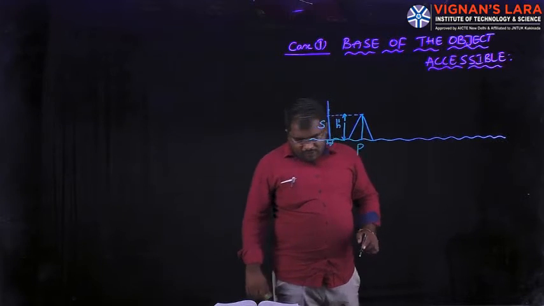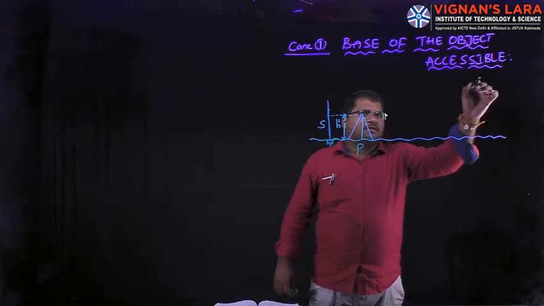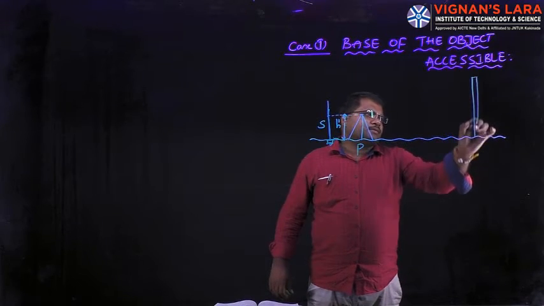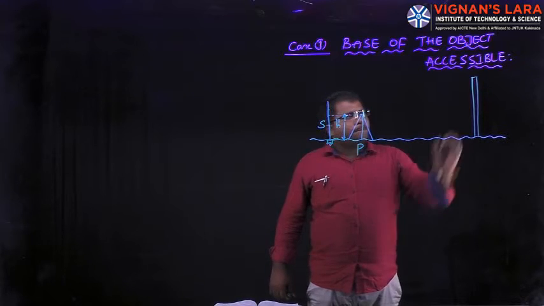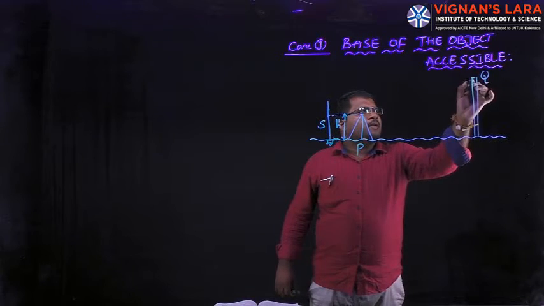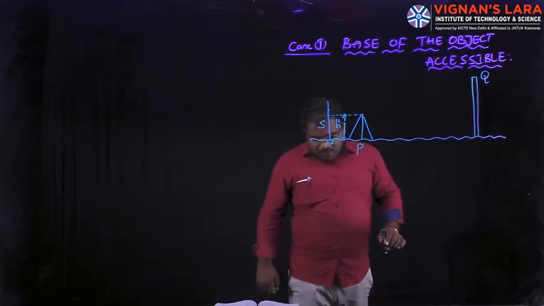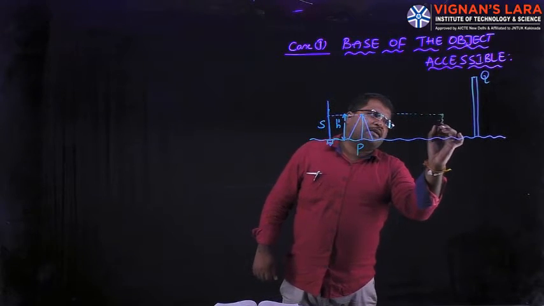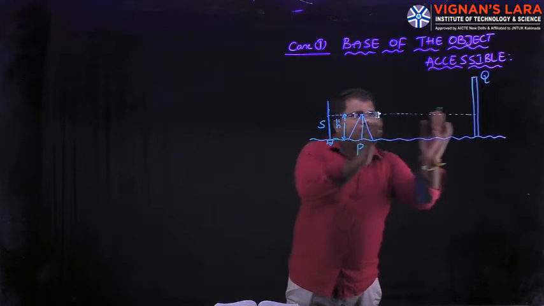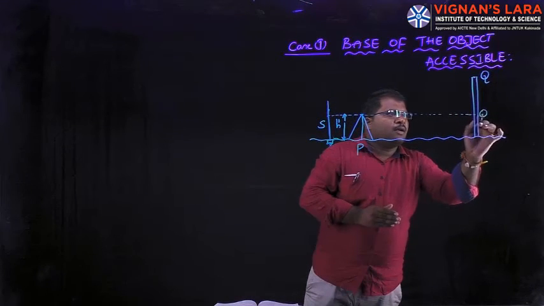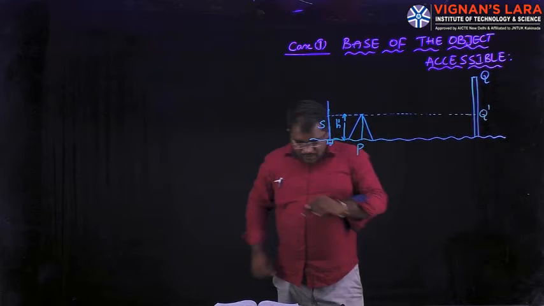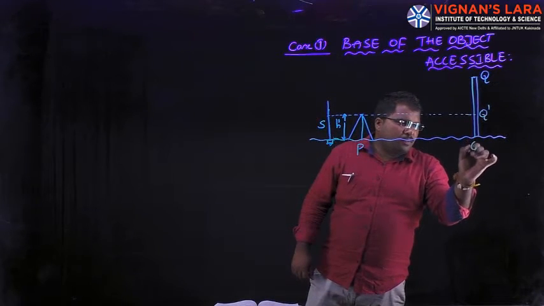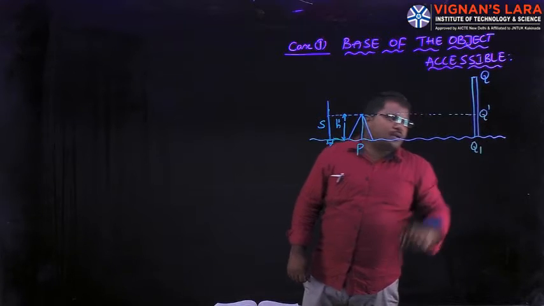Now I am going to take an object. It is at Q, the object top point is at Q. Now if I extend this level plane of the height of instrument, I get a point called Q dash, and the corresponding ground point I take as Q1.